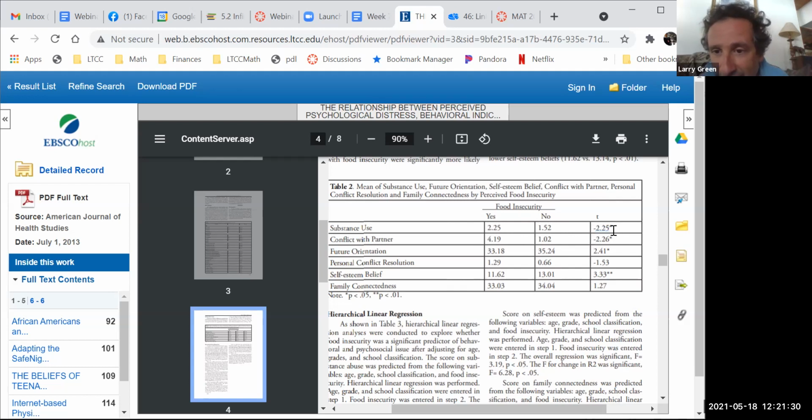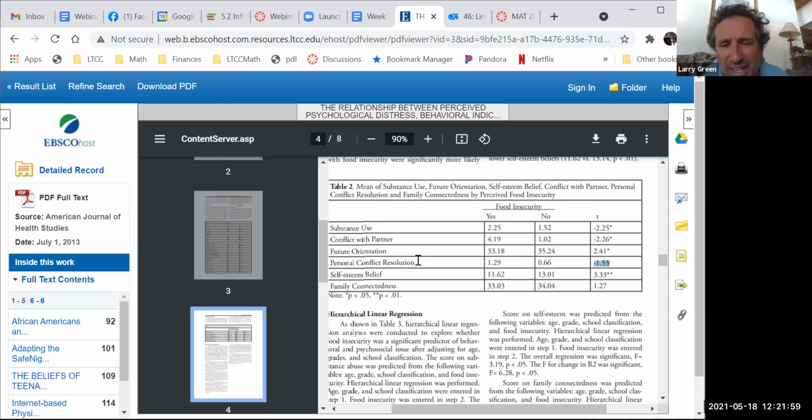If it has a single asterisk, they're telling you p is less than 0.05. If it has a double asterisk like this t, then p is less than 0.01. On the other hand, this one with personal conflict resolution says that we don't really know whether that has anything to do with substance abuse, and all this other stuff they're looking at.